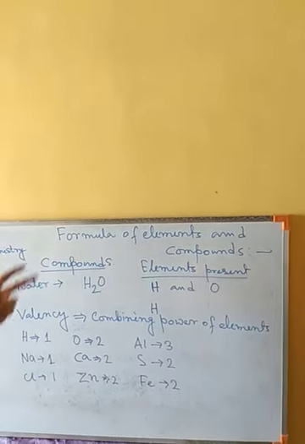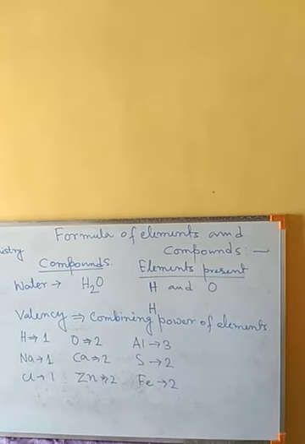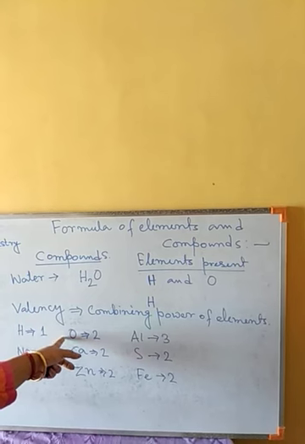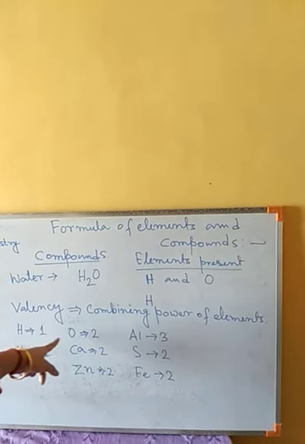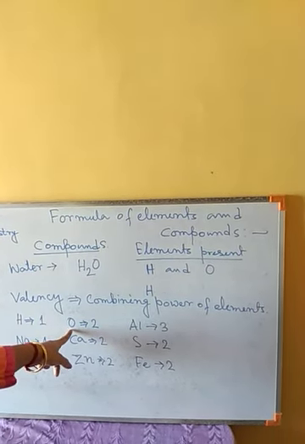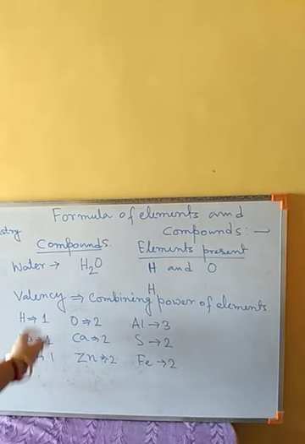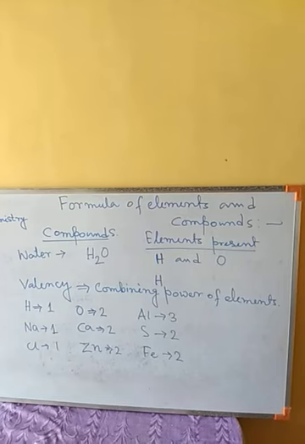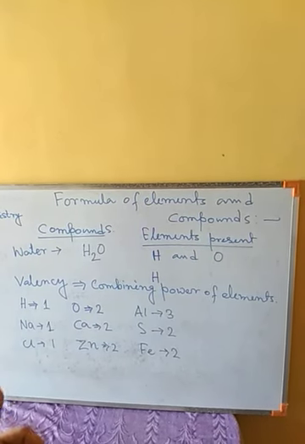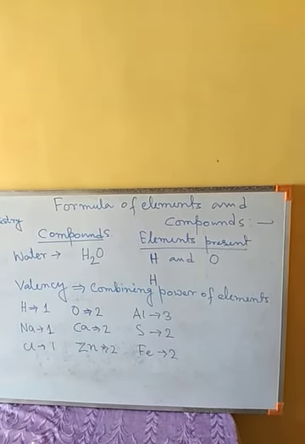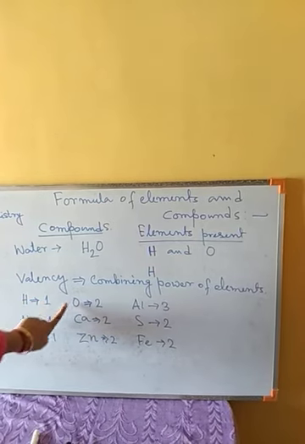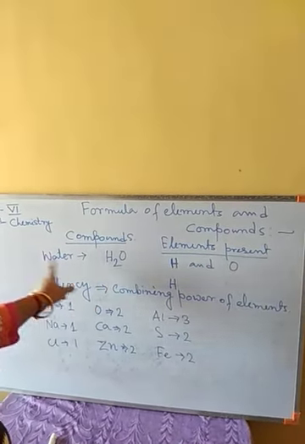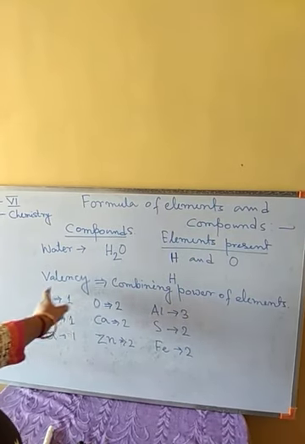Combining power means with how many atoms at a time that particular element can combine. As oxygen's combining power is 2, that means at a time oxygen can form bonds with 2 atoms whose combining power is 1, like 1 plus 1 for hydrogen, equal to 2. That means at a time oxygen can combine with 2 hydrogen.